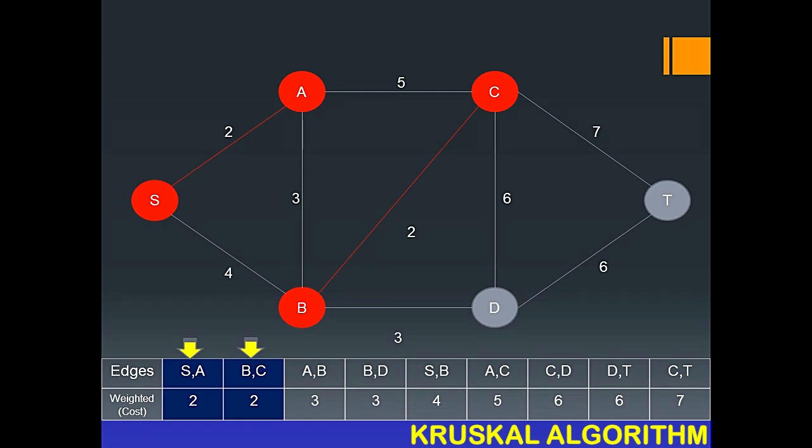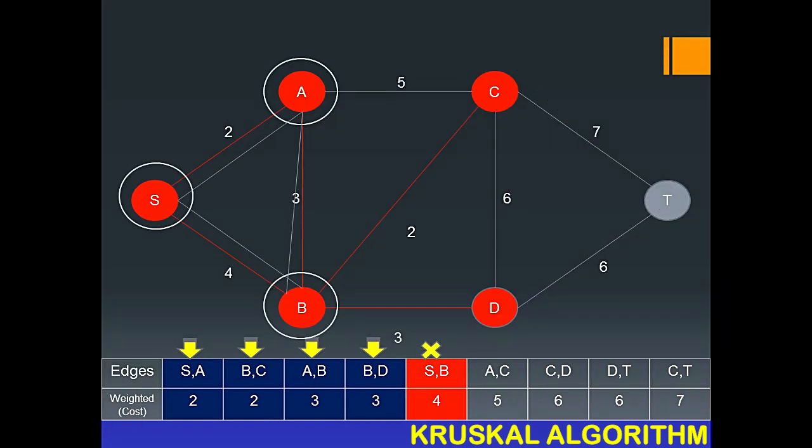Another edge, BC, also with a weight of 2, cycle is not formed, so we include this edge. Edge AB with a weight of 3, cycle is not formed, so we include it. Also, edge BD has a weight of 3, cycle is not formed, include it in our spanning tree.